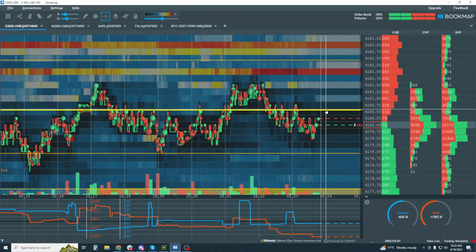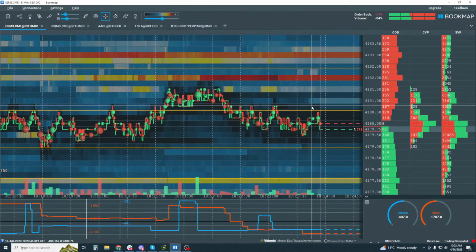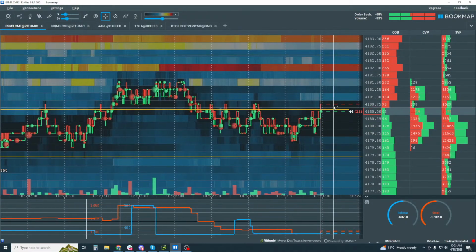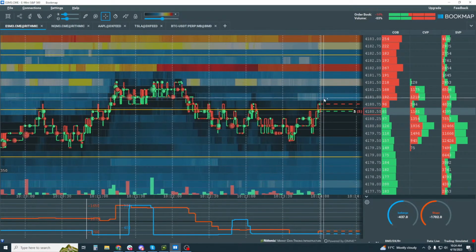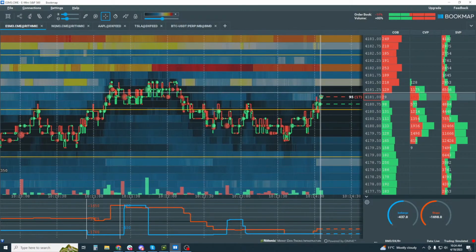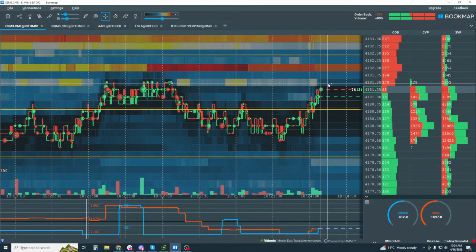Okay, and let's see if we get some sellers come back in. Okay, they're adding more on the offer here. Boy, even that's not too clear. They're adding and then pulling as price comes up.